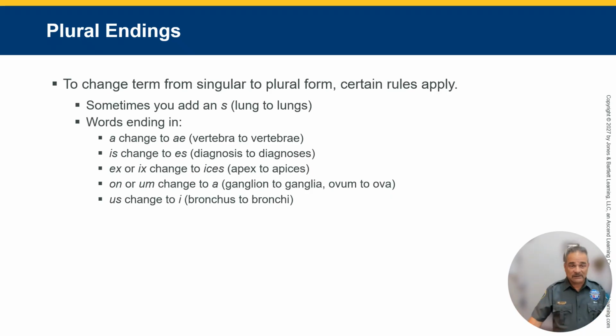So that's how we're playing that game with singular and plural. You have to be careful how you say it, but these are the common ones: A to AE, IS to ES, EX to IX, ON or UM to A, or US to I. Okay, so this is the way that we use this terminology to describe plural and singular.